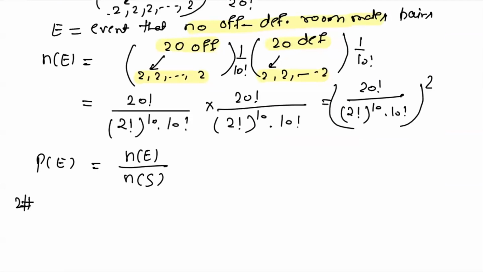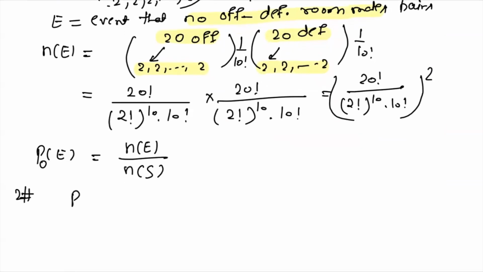Actually, in the book, they are representing it by 0 there. That means no offensive and defensive roommates are paired. So let me represent by P of 2I the probability that 2I offensive and defensive pairs are there.